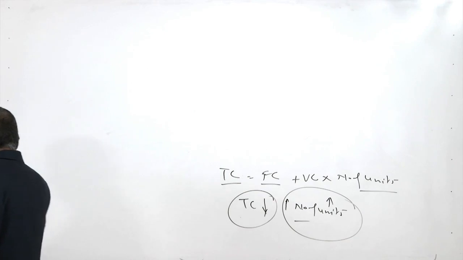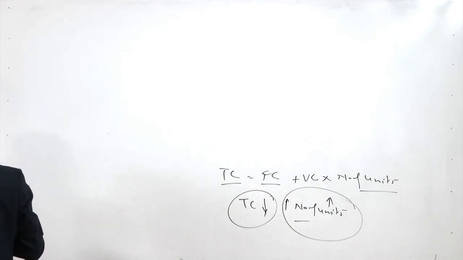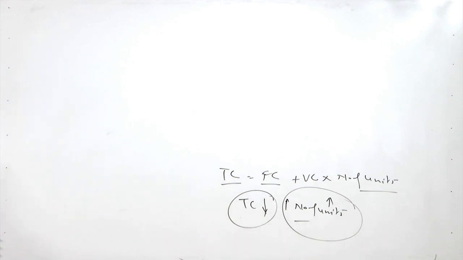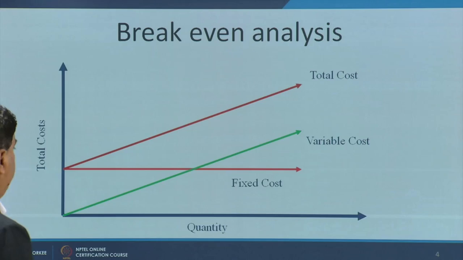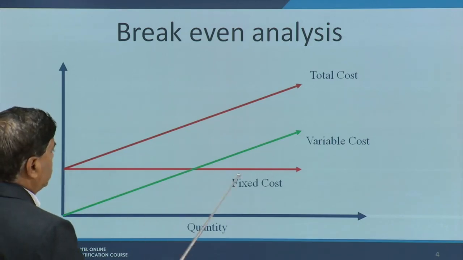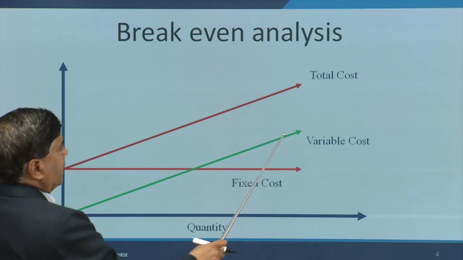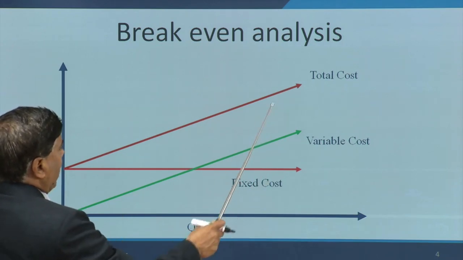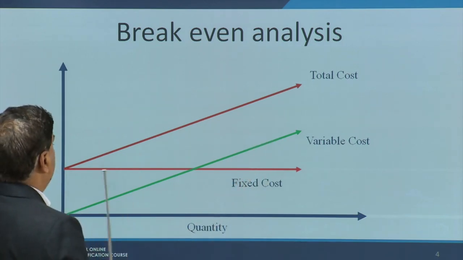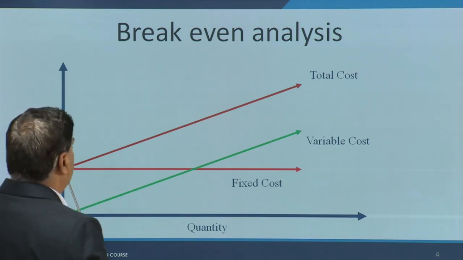Now we will see a graphical presentation related to break even analysis. Here the horizontal line shows the fixed cost and the variable cost is shown by the green line, and the sum of these two is this line, which is parallel to the variable cost, and here this is the level of the fixed cost.